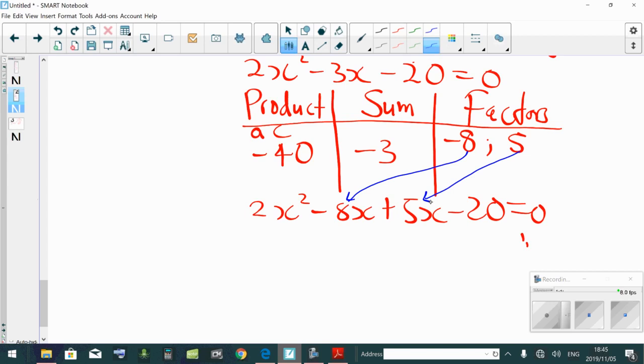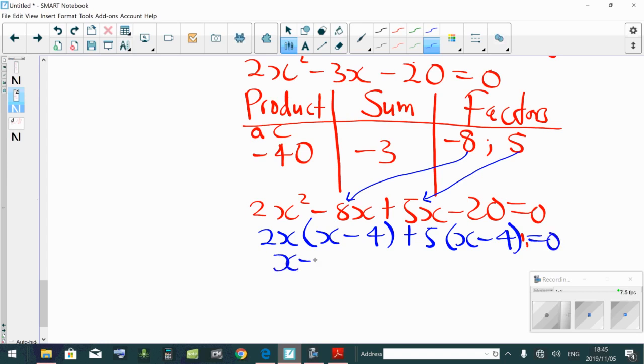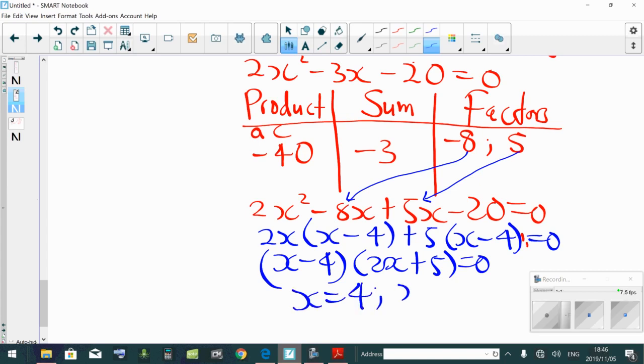From here, I'm going to do factorization by grouping, which I learned in grade 9. This is 2x(x minus 4) plus 5(x minus 4) equals 0. So (x minus 4)(2x plus 5) equals 0. Solving further, I get x equals 4, x equals minus 5 over 2.